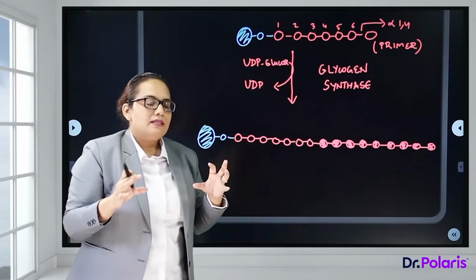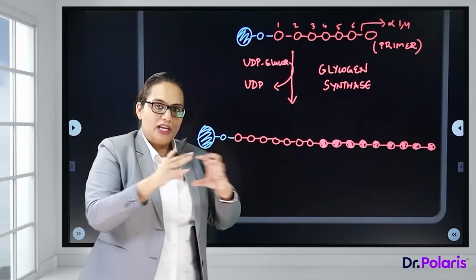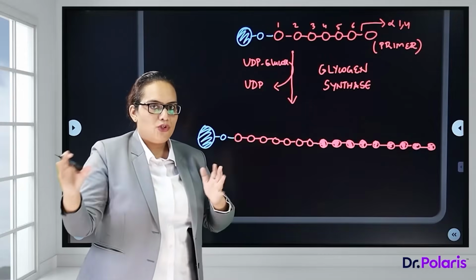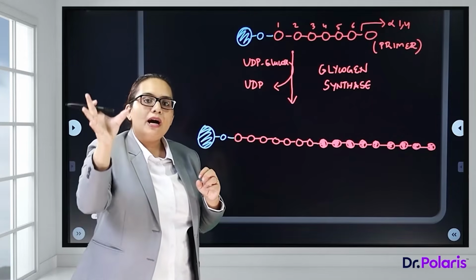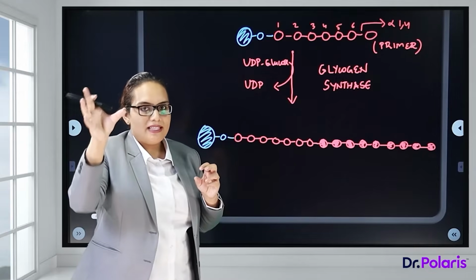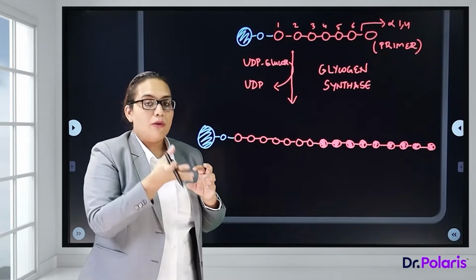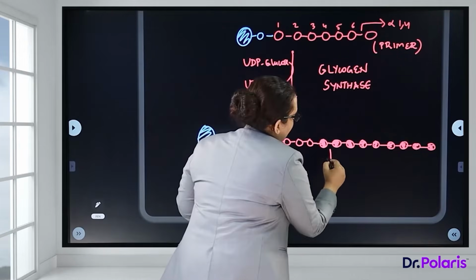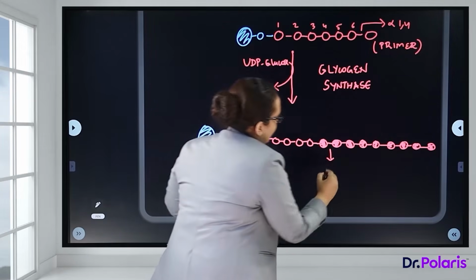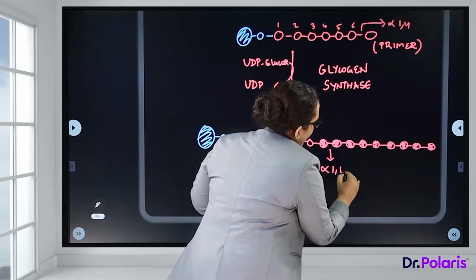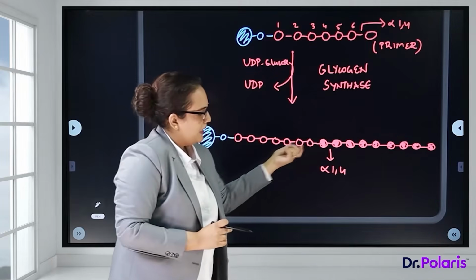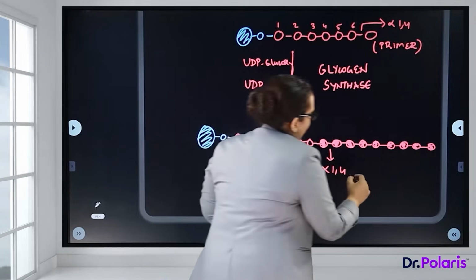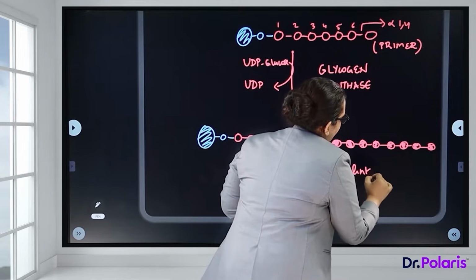Then a part of the straight chain is shifted to a branch point, forming a branch. So that's the next step. So till here, remember this is the straight chain that is formed. And the individual bonds formed between the glucose unit is an alpha 4 linkage.